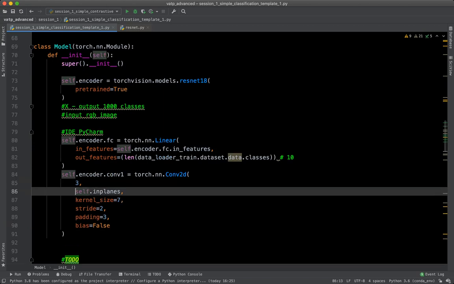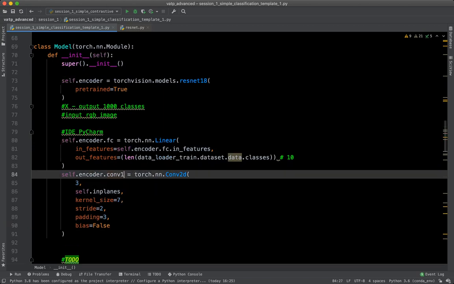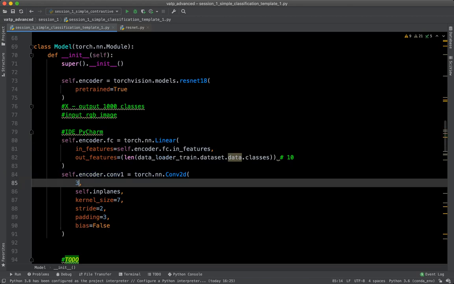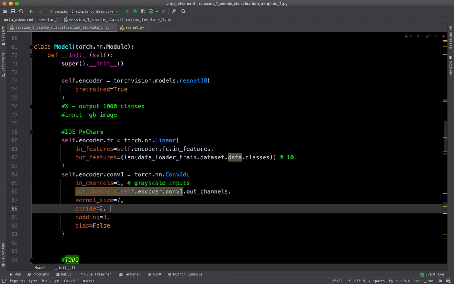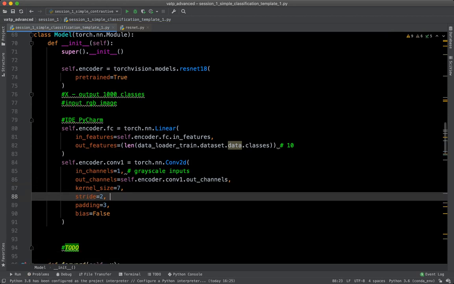So then here the in channels would be 1 because we have grayscale inputs, and the out channels will be the encoder conv previously what there was in out channels. That would be one way how to write it down. You could actually write the same stuff for everything here. So that would be great.